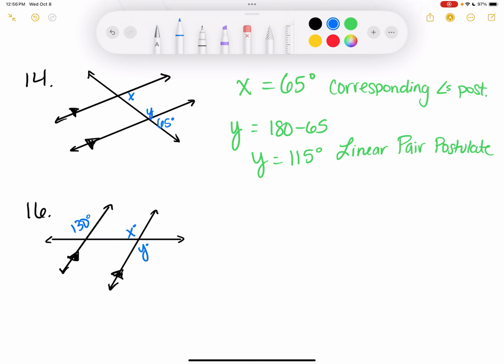I know you don't have all the names of all the things memorized. I'm mainly worried about you finding the angles right now for this exercise. But if you know the reason, put that down, or at least have in your mind what you think it is, so when we go over it, you'll know.